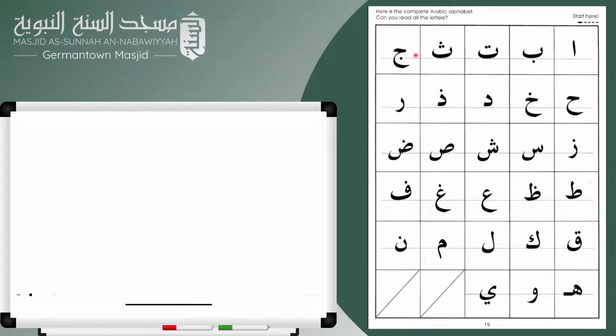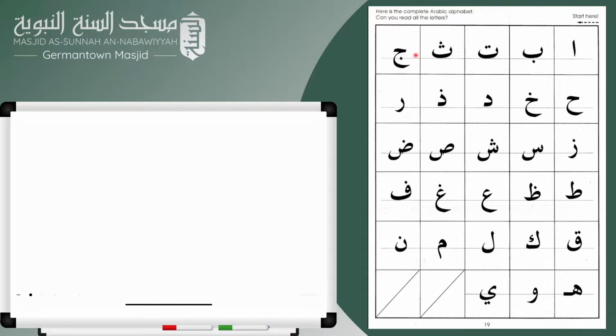Likewise, Ta, like a horseshoe shape, but the dots are above, not inside, but above the horseshoe shape. Likewise, Tha, 3 dots stacked on top of one another and the horseshoe touching the baseline.